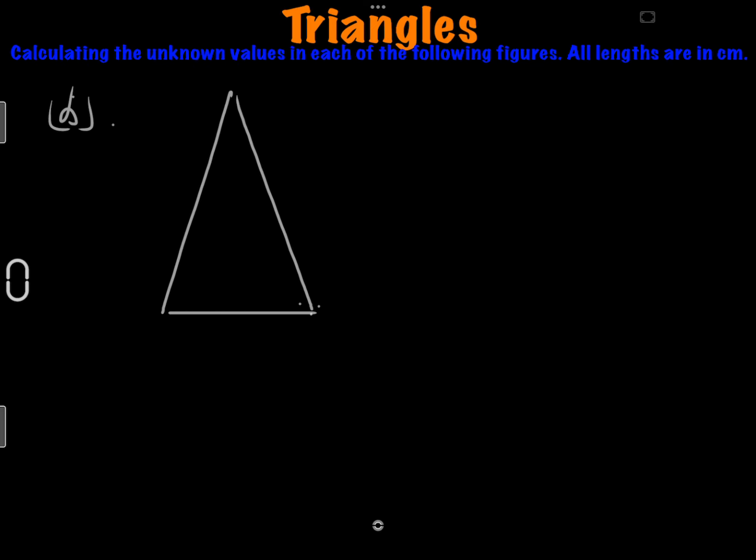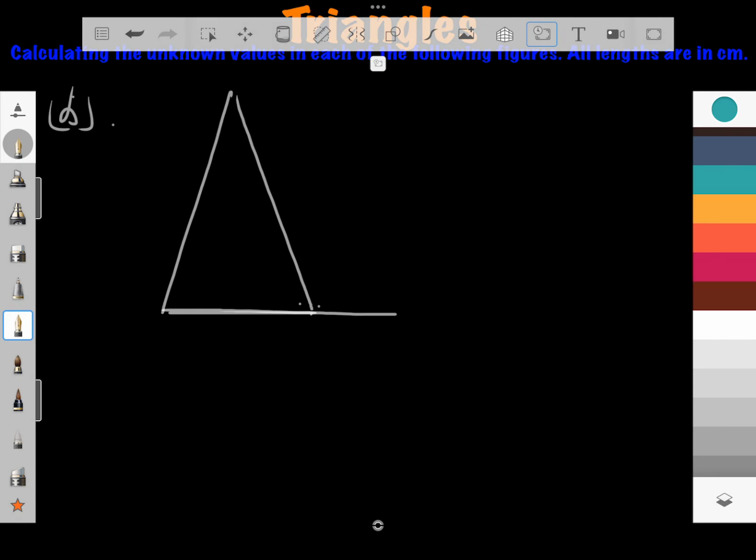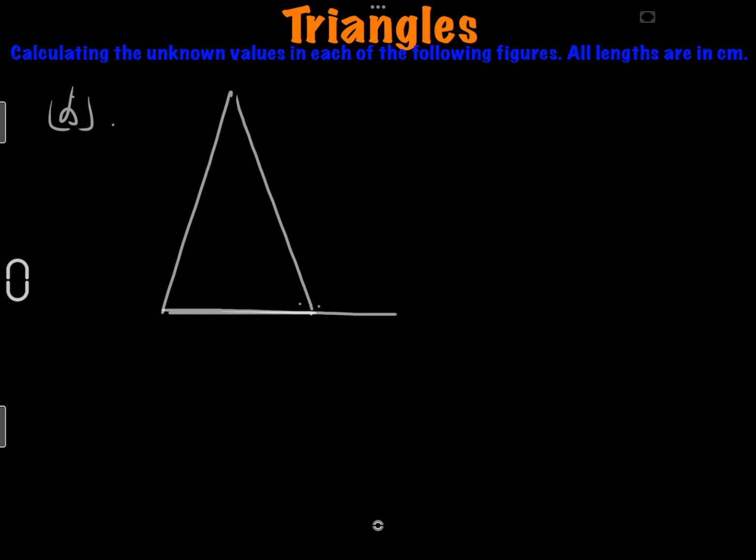In fact, we are given an exterior angle as well. So essentially, what we have here is x. This is our x. We're given a value here of 72 degrees. This is the angle there.